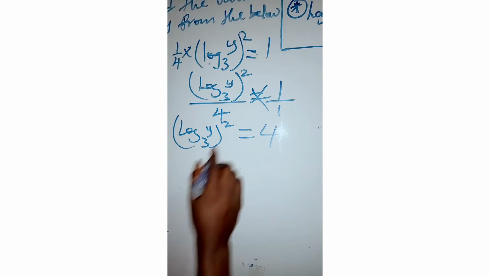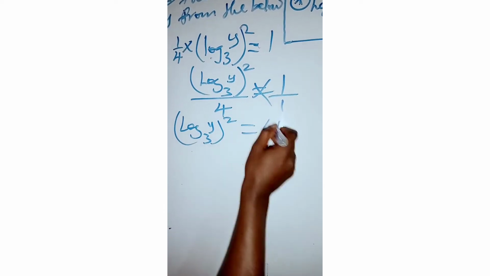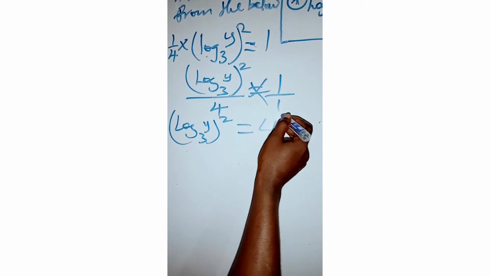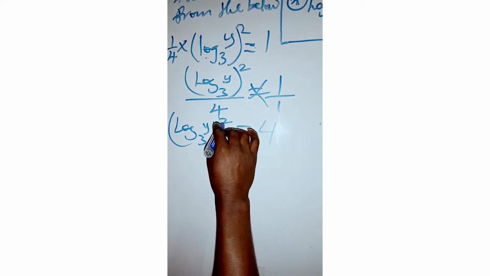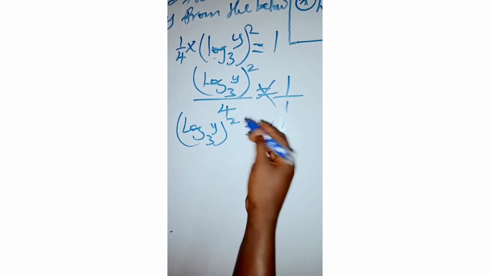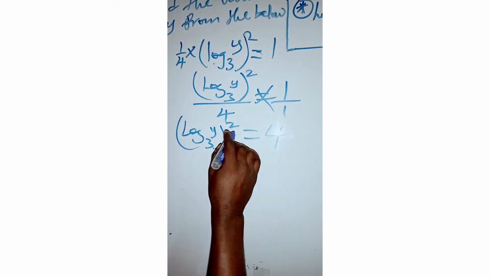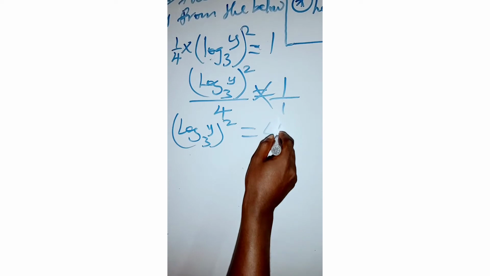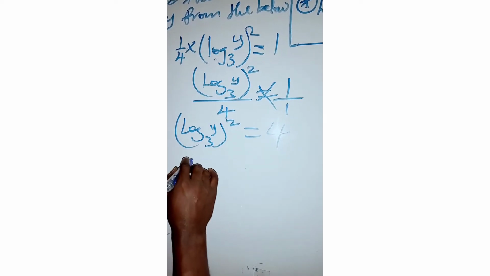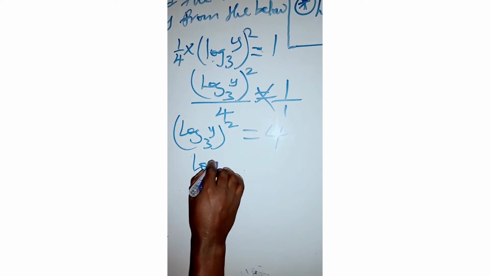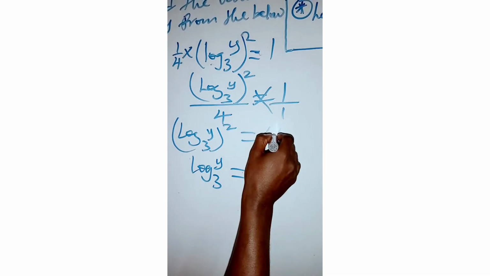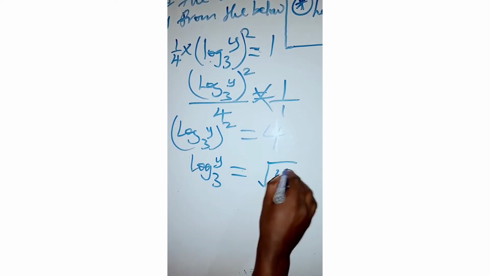At this point, this power will turn to root on this one, or we can simply say multiply the power on both sides by half. Or you can simply say this becomes the root on this. In that regard, we are going to have log y base 3 equal to root 4.